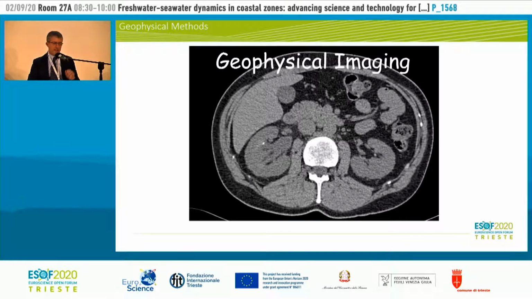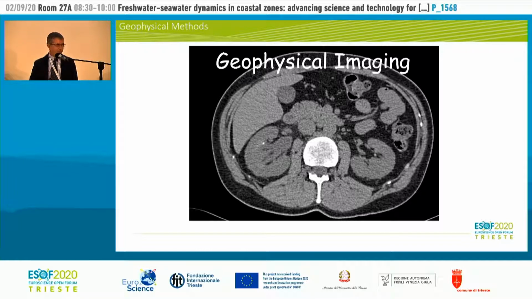The first thing is that I would like to give a brief introduction to what is geophysics and what is similar to geophysics in other areas, maybe closer to everybody's experience. What you see here is a CT scan. I'm not breaking any privacy law because this is actually my body.